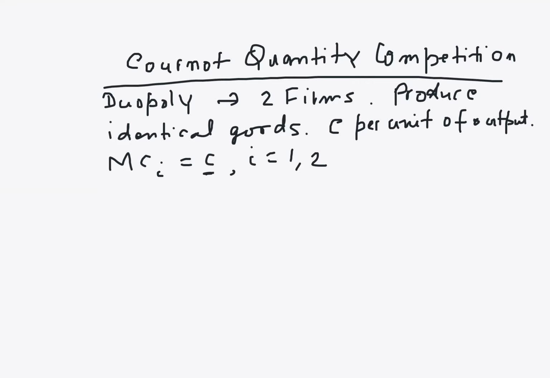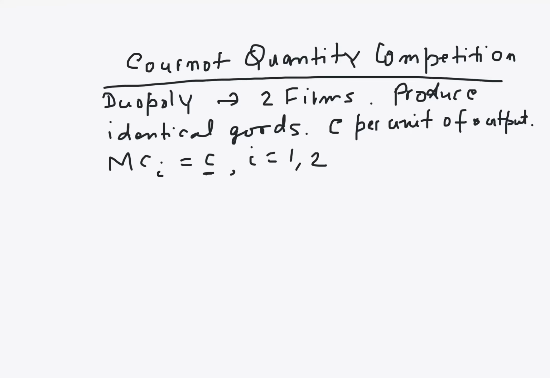You can assume C1, C2, and they're different. One is greater than the other and so on. But here we'll keep things simple and assume that both firms have identical constant marginal costs. So if marginal cost is constant, then average total cost is going to be the same here.